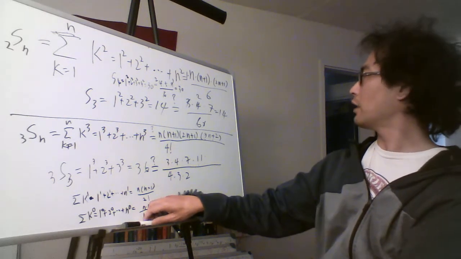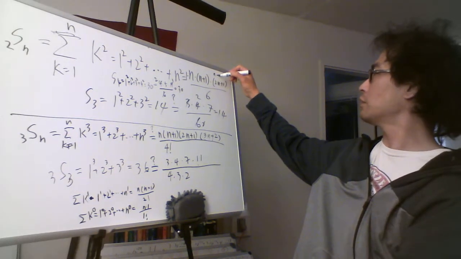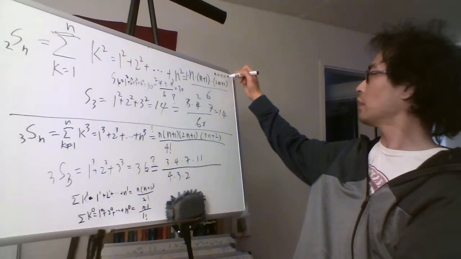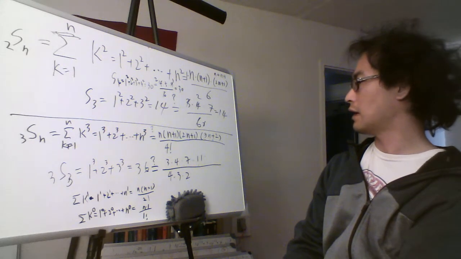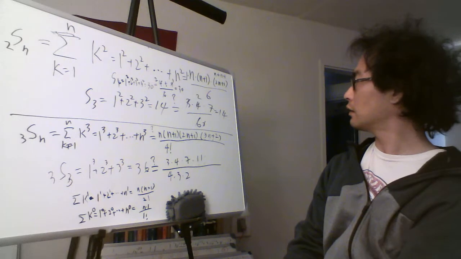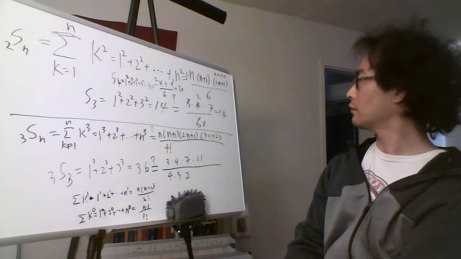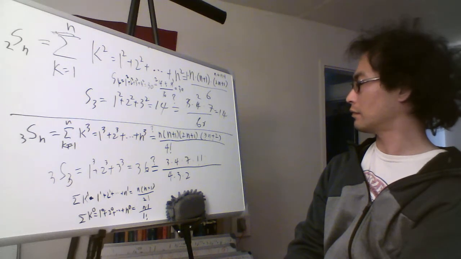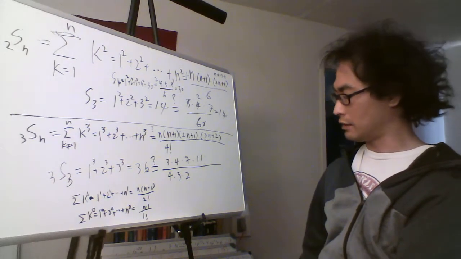I'm trying to find a pattern. Okay, you have n plus 1, and you have n plus 1, okay? Yeah, there are different ways to generalize things, okay?